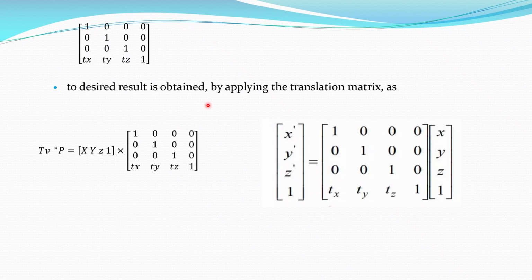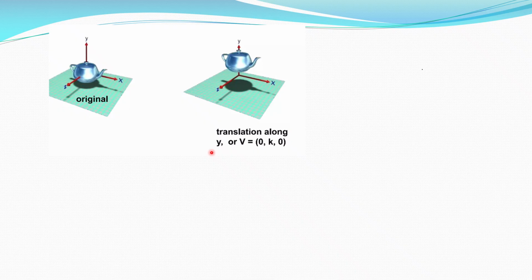We can write the P as x, y, z, 1, or a matrix, with homogeneous we are calculating, so that's why translation, which was an addition, becomes a multiplication. Okay, this is a normal addition of a translation. Once we apply the homogeneous coordinate in a 3D vector, we get a 4 into 4 matrix, so it will help to perform a composite transformation. Okay, this is an example of a translation along a vector v.